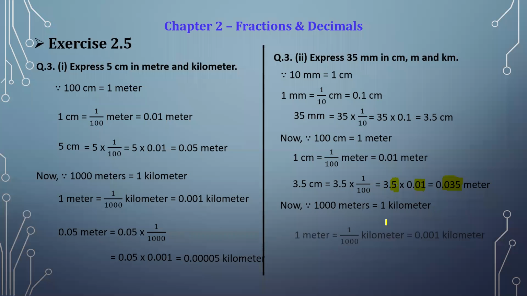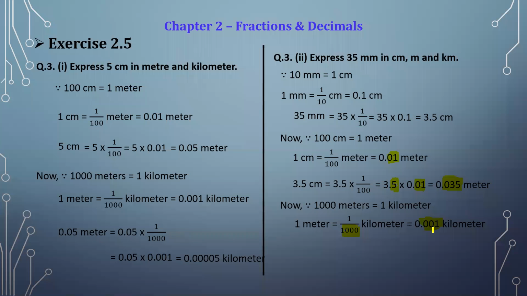Then 1 meter is equal to 1 upon 1000 kilometer, which is taken as 0.001 kilometer, because 3 zeros are there, so there should be 3 digits after the decimal point. If 2 zeros are there, we take 2 digits after the decimal point; here 3 zeros, so 3 decimal digits.